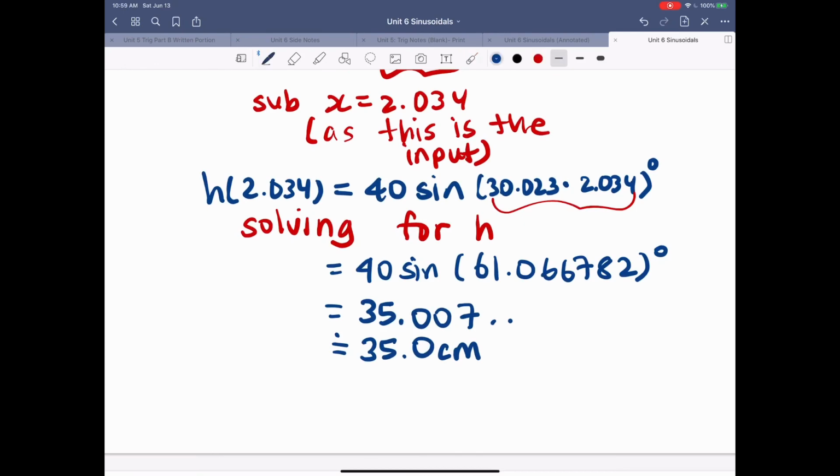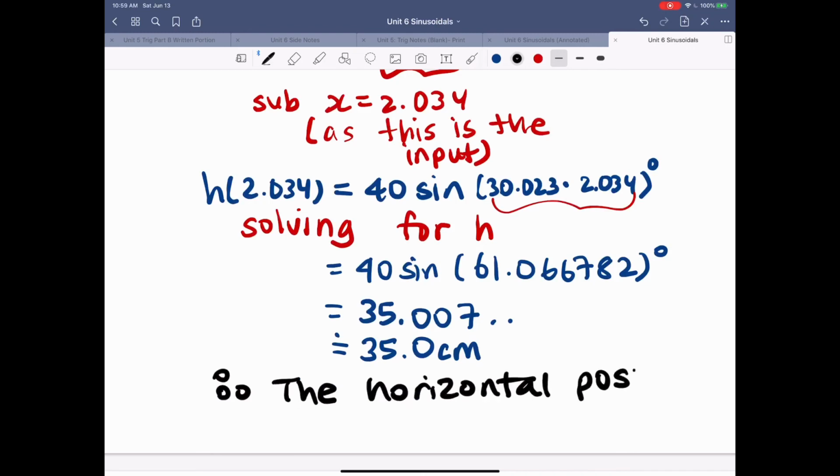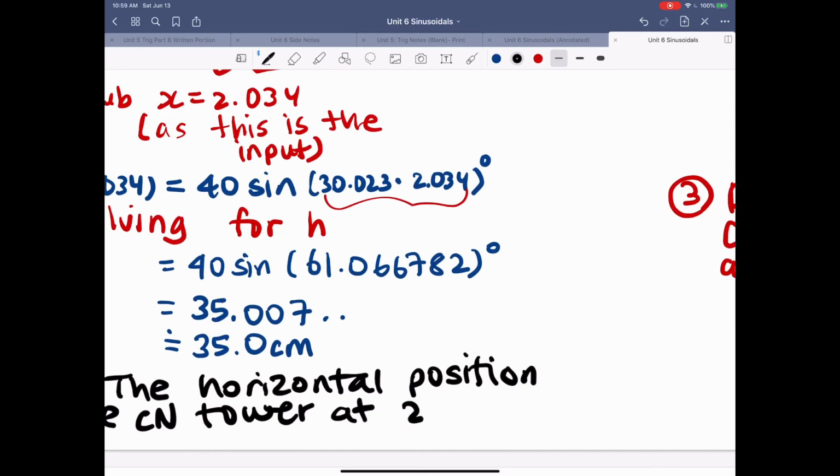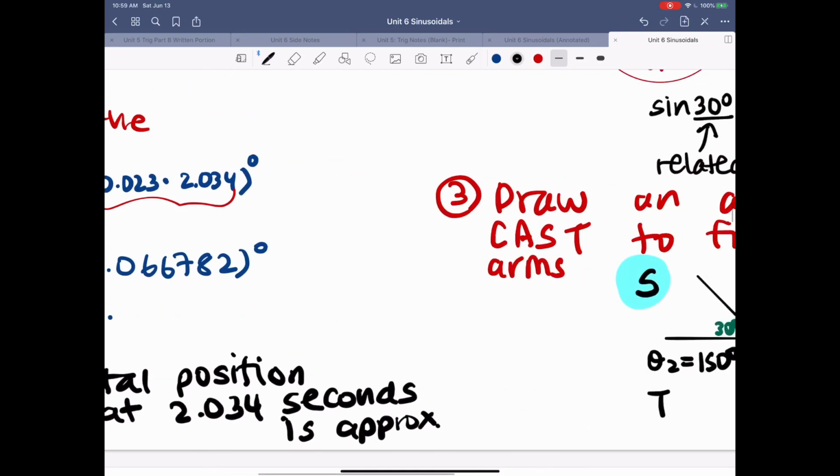So you would write a therefore statement that says, therefore, the horizontal position of the CN tower at 2.034 seconds is approximately plus 35.0 centimeters.